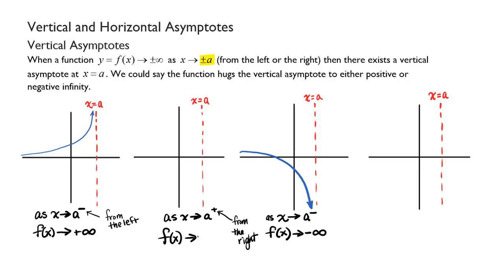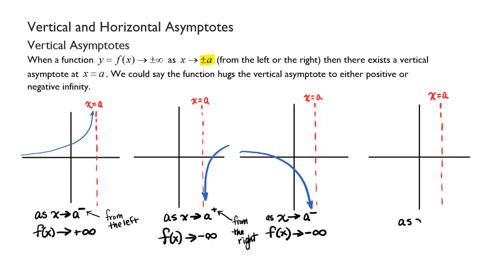Now let's look at what would happen if f of x approaches negative infinity, but our x values are approaching A from the right side. So we are approaching the vertical asymptote from the right, and we are heading toward negative infinity. It would look something like this. Now, let's look at one last possibility.